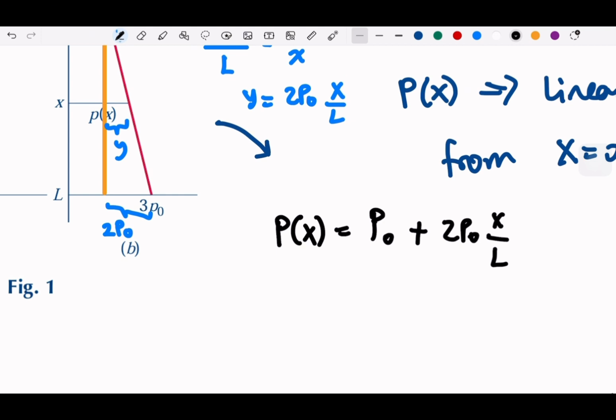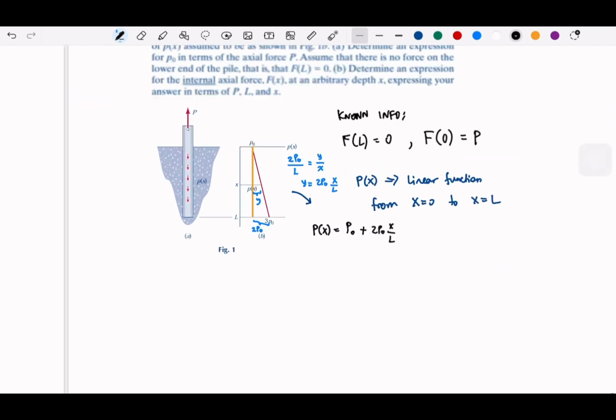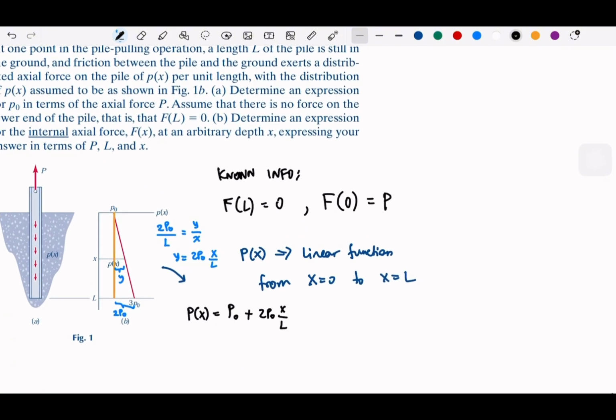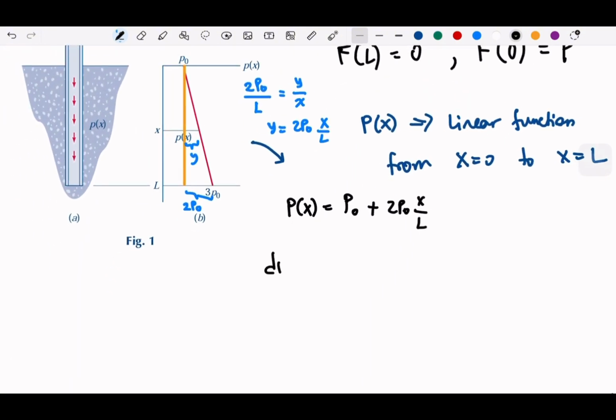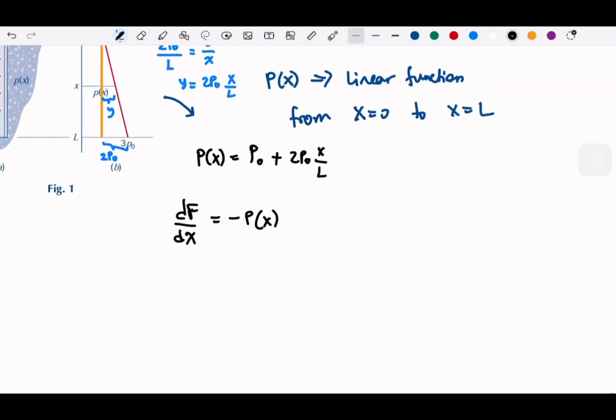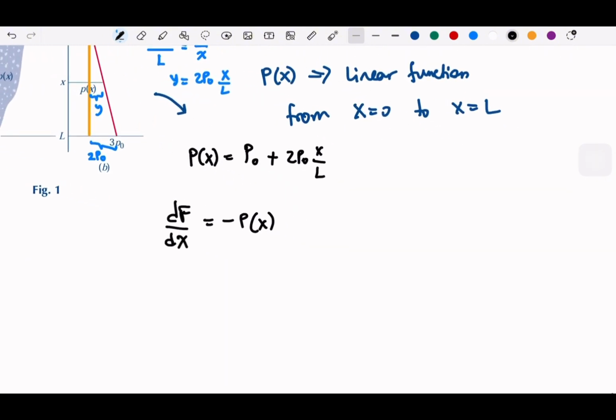Right? And then remember the equation for the distributions will be df/dx equal to negative p(x). And basically we take the integration with respect to dx.